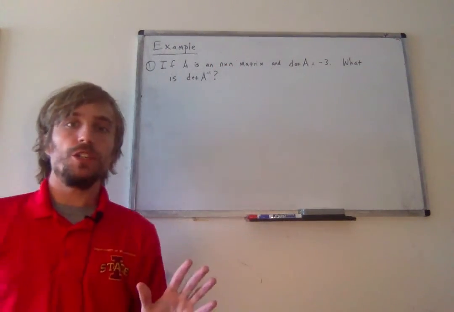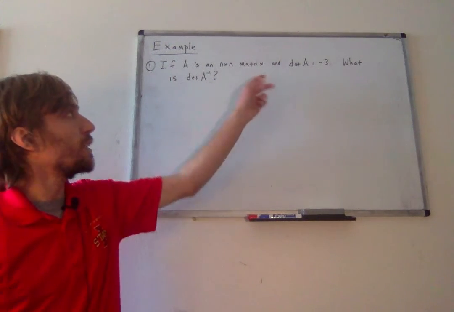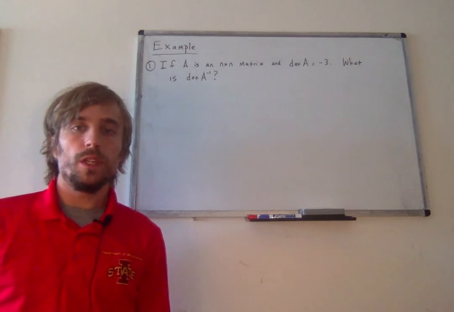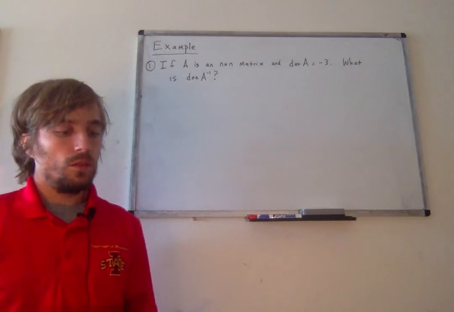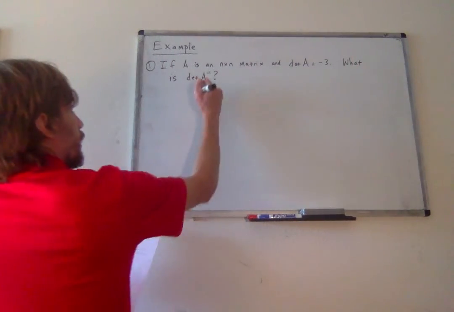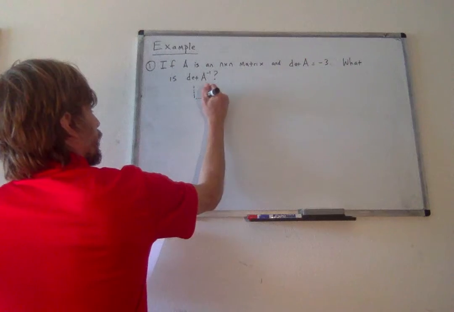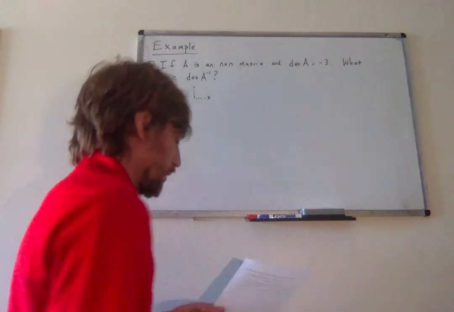You have enough information to do this using the theorems that we've learned. We know that the determinant of A is -3. What is the determinant of A inverse? All right, so how do we determine the determinant in this case? It'd be a fun TV show, Determine the Determinant. It has a nice ring to it.